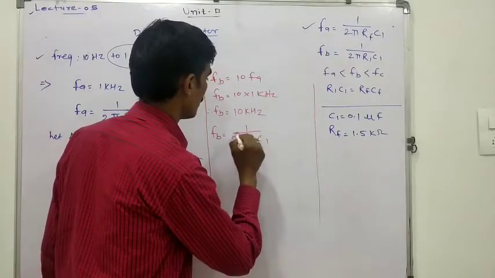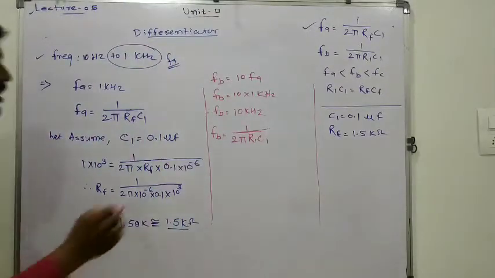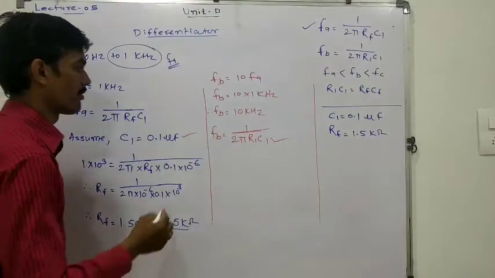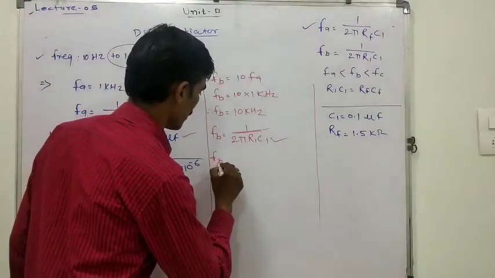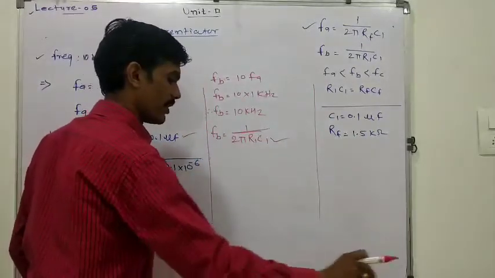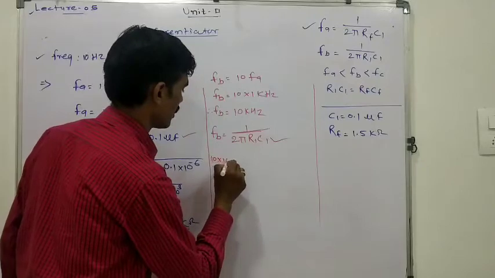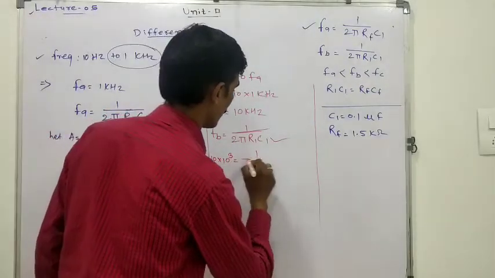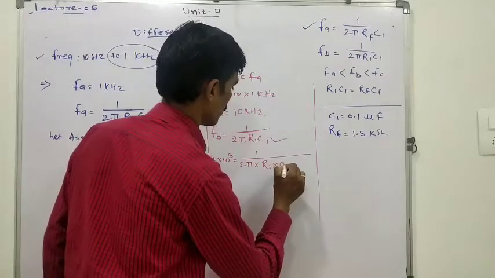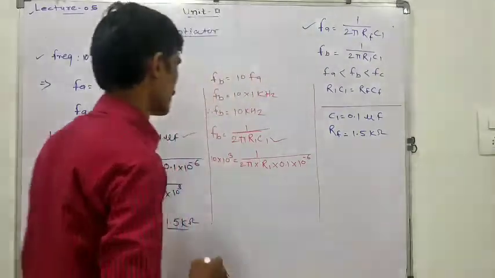2 pi R1 C1. Again we know the value of C1. C1 is assumed to be 0.1 microfarad. We know the value of FB. FB is 10K. 10 into 10 raised to power 3 is equal to 1 upon 2 pi into R1 into 0.1 into 10 raised to power minus 6.